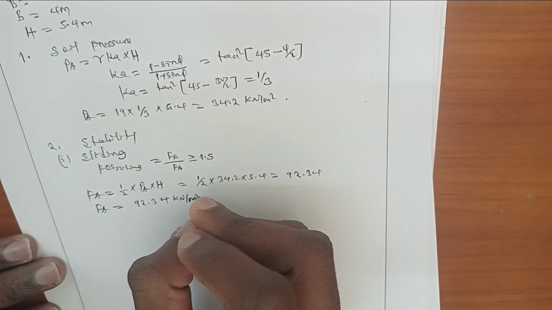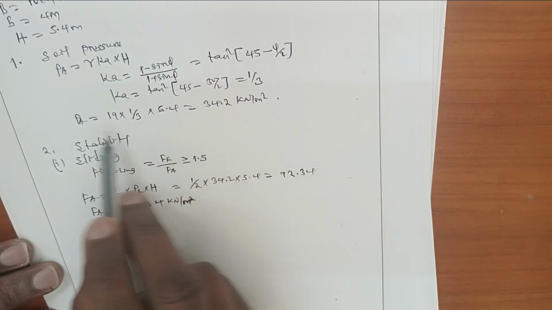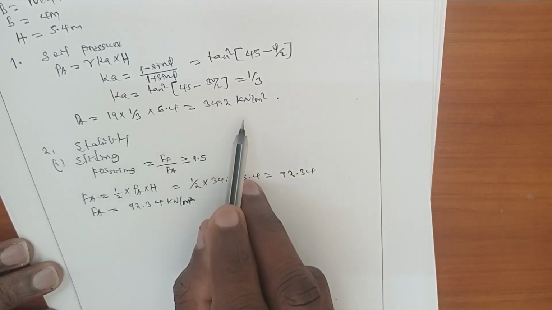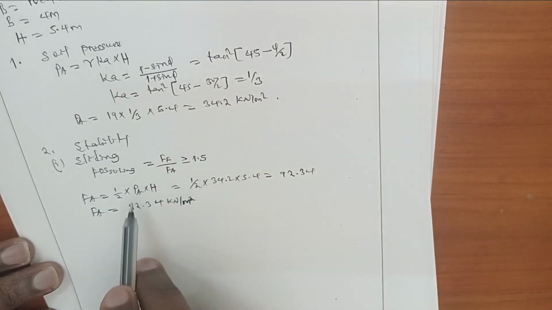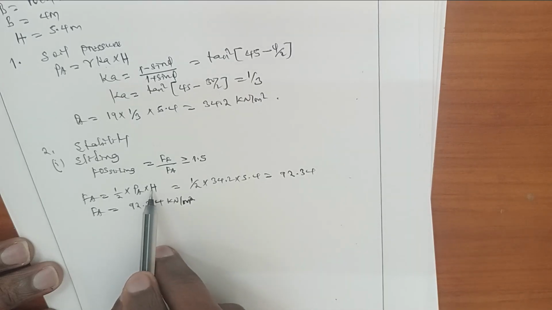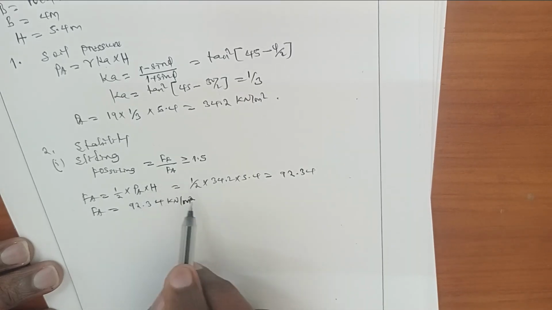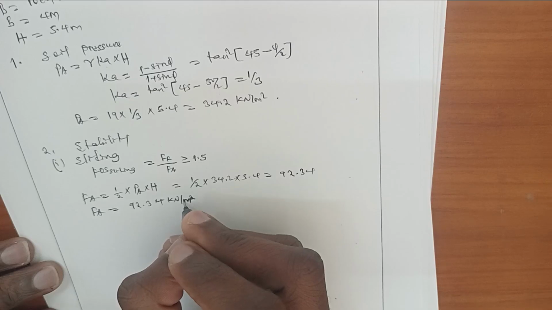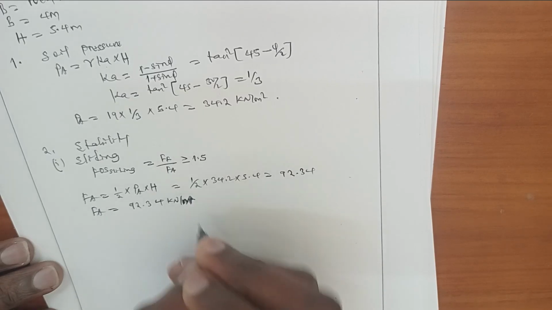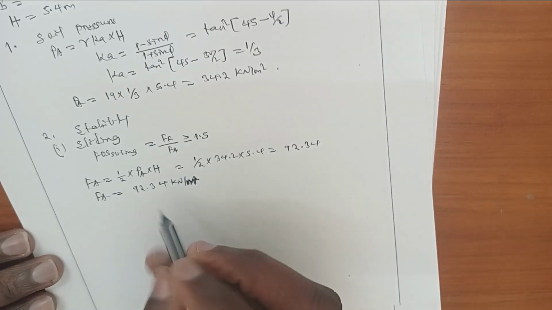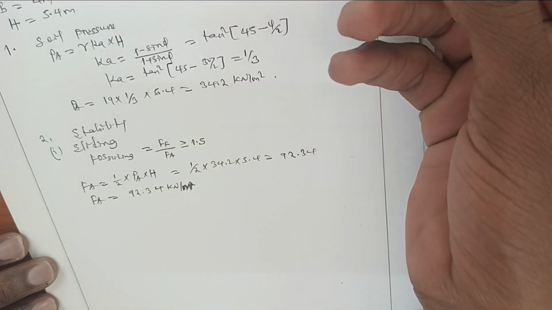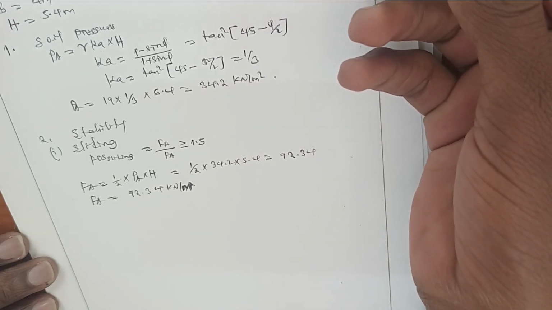This is kilonewton per meter because the active soil pressure was kilonewton per meter square, and after multiplying by the depth, it becomes kilonewton per meter. This is the horizontal force acting from this soil pressure diagram.